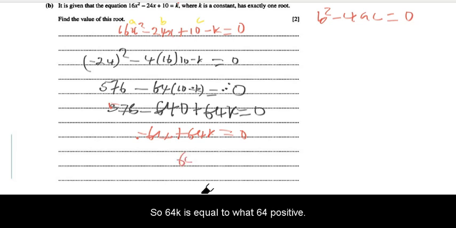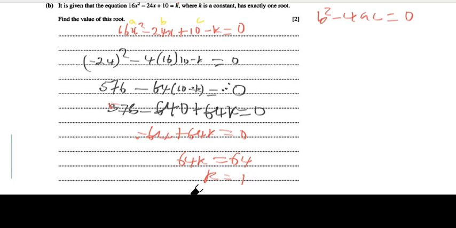So 64k is equal to what? 64 positive. Divide both sides by 64, so k is equal to 1, right? K is equal to 1.